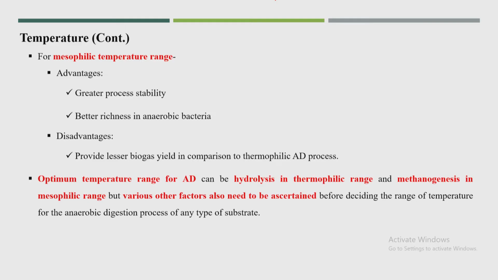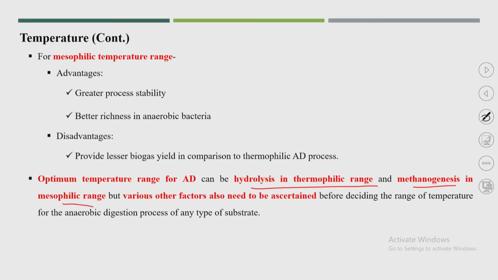The optimum temperature range of anaerobic digestion can be hydrolysis in the thermophilic range and methanogenesis in the mesophilic range, but various other factors also need to be ascertained before deciding the temperature range. So here it is explaining that the hydrolysis could be done at the thermophilic range and the methanogenesis will be in the mesophilic range.